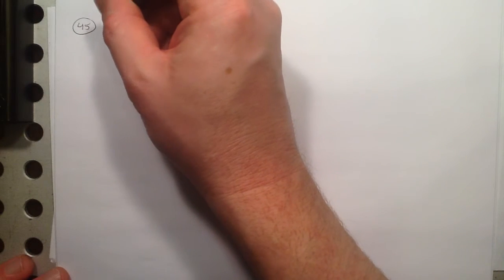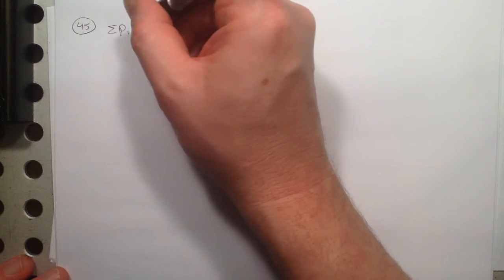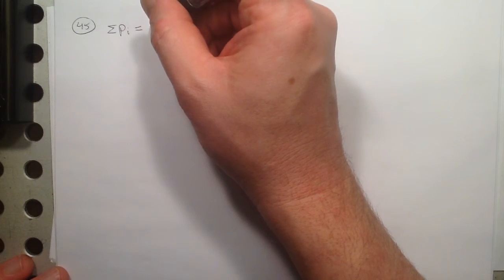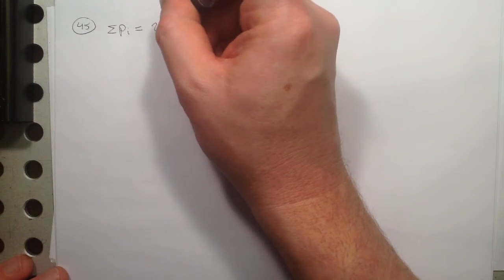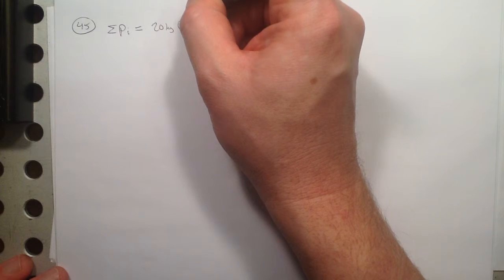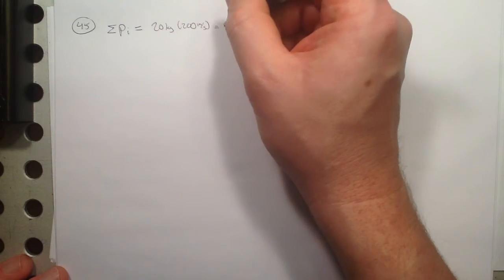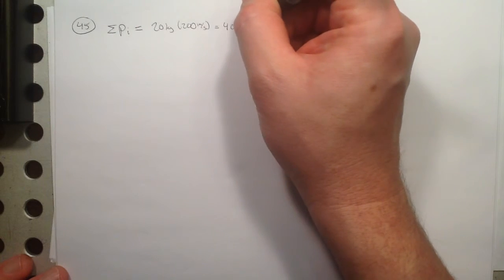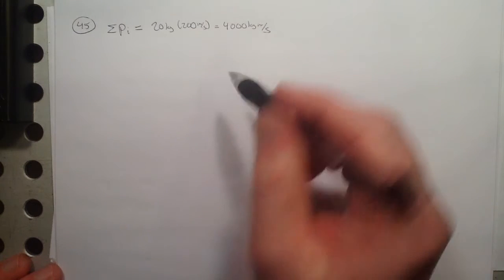All right, so let's just say here that the total momentum at the beginning is the mass of the whole thing times its velocity. Was it 200? Yeah, 200 meters per second, which is 4,000 kilogram meters per second. So whatever happens, that's how much momentum we're going to have, right?